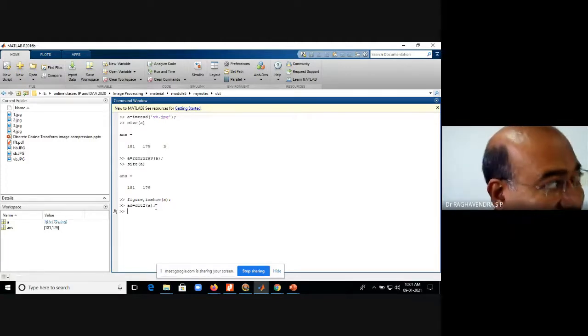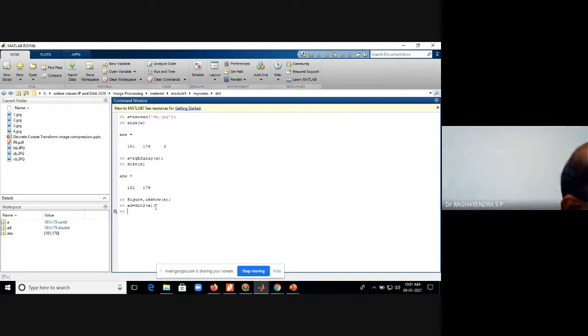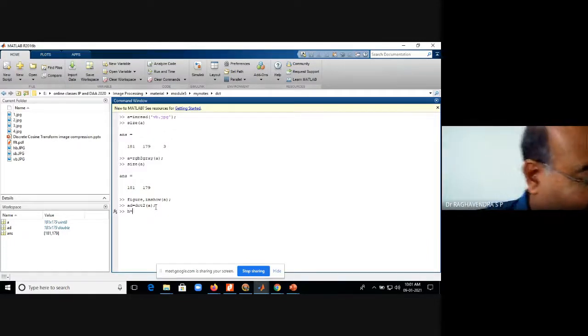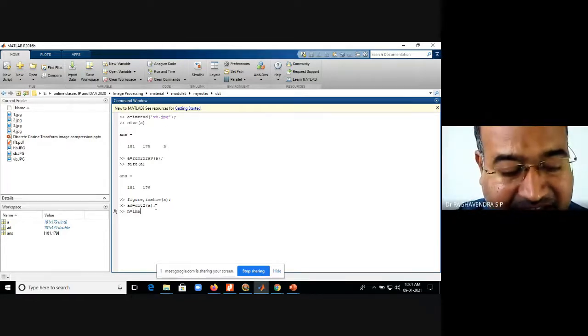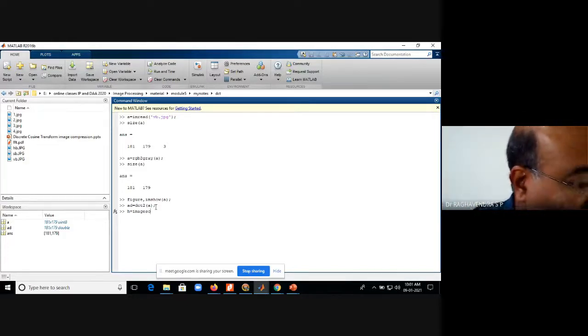now I have applied this discrete cosine transformation on the input image. Let us find out how the frequency distribution will go. For this, I am going to use a function called image section, imagesc. What is this image section?